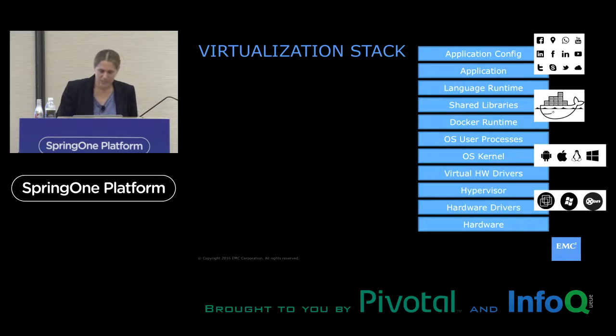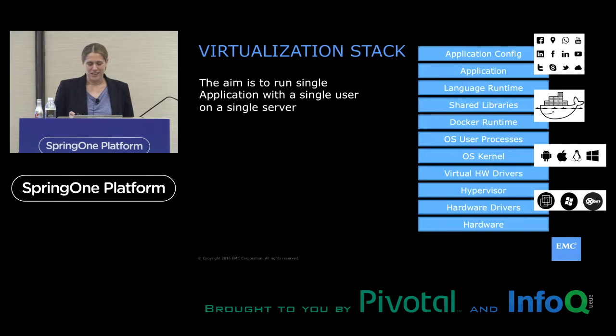If we look at all this stack and try to understand why we need all of this, we need to remember that we're trying to do something very, very simple: run a single application with a single user on a single server. And that's a little bit of overkill. If you look at a lot of those layers, you will see there is a lot of redundancy.